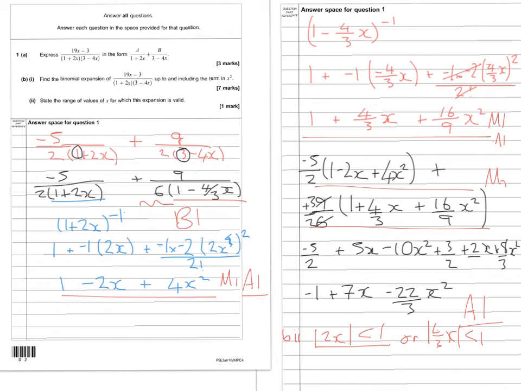This is the narrow range, so we're going to disregard that one. So x must be less than 1/2. Modulus of x is less than 1/2. The 4/3 x would give us the modulus of x less than 3/4, but that's wider, so we have to stick with a narrower range. And that's obviously the mark there.